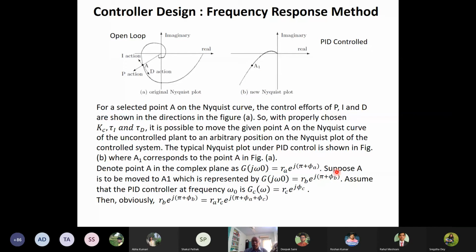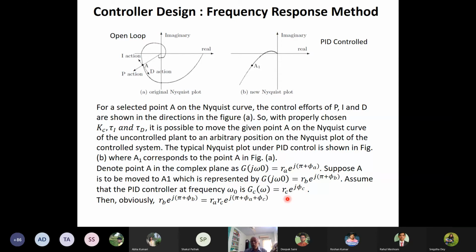Now, from this point to this point, we reach through a PID controller, because this is an open loop process, it's a PID control process. So we have a PID controller, and that PID controller at frequency omega 0, Gc will be Rc e to the power j phi c.